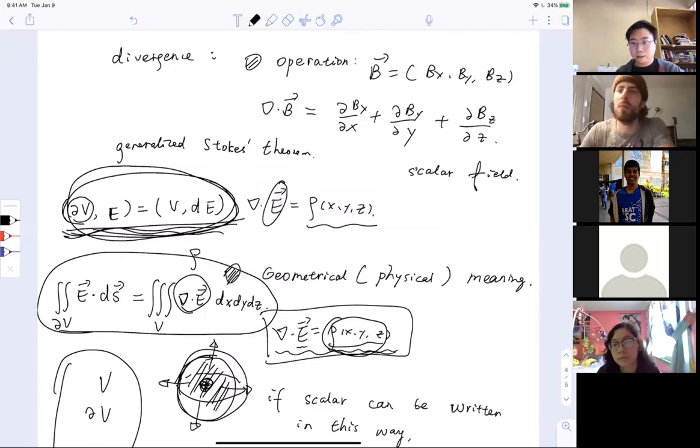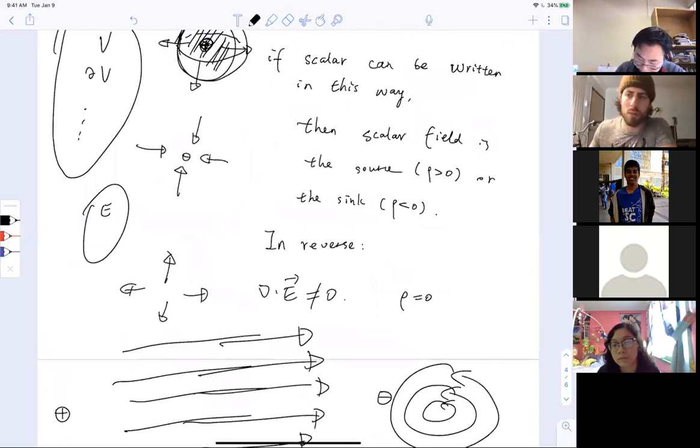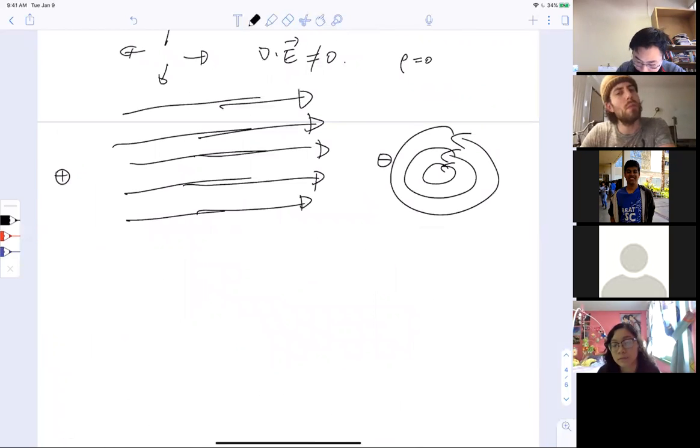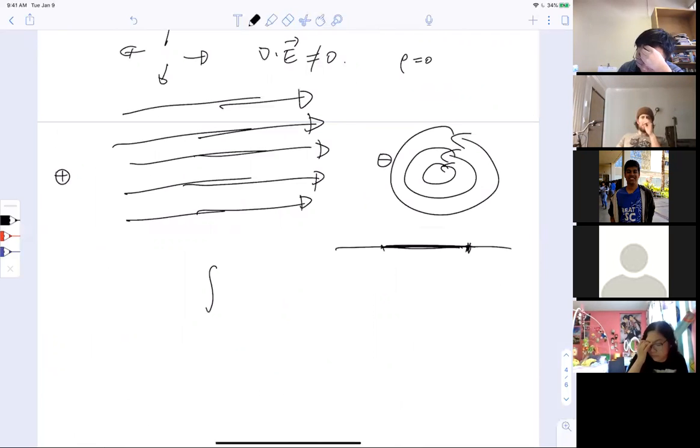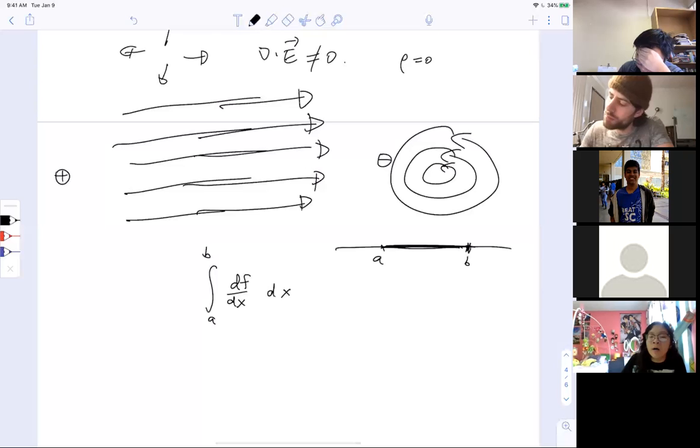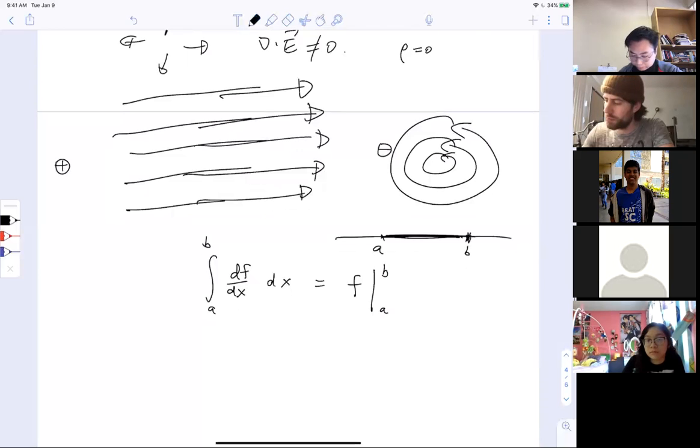We will see later. Also, for example, for one dimension, let's imagine I have a one-dimensional integral. If I'm doing the integral of df/dx, so the integral of f prime dx from a to b, you can say this is nothing but the integral of df.